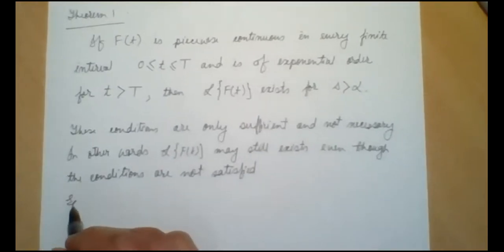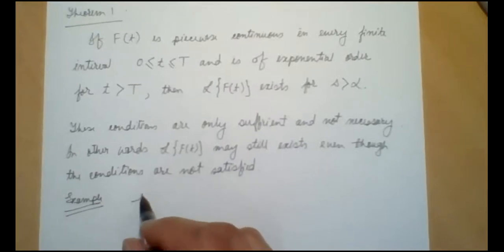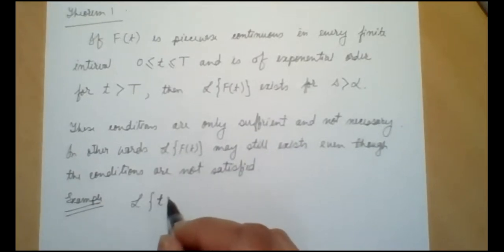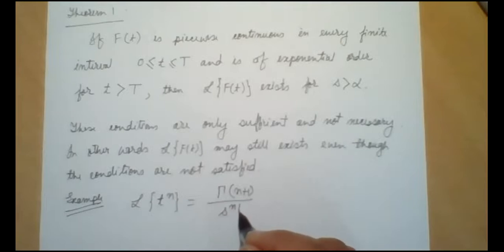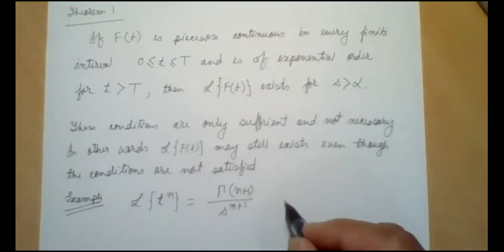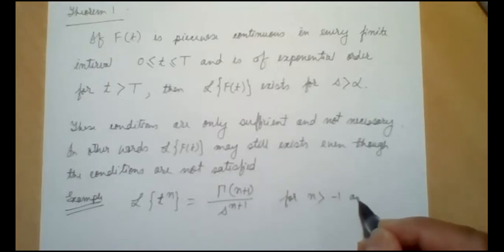Example, we just saw that the Laplace transform of t to the power n is gamma of n plus 1 divided by s to the power n plus 1, for n greater than -1 and s greater than 0.